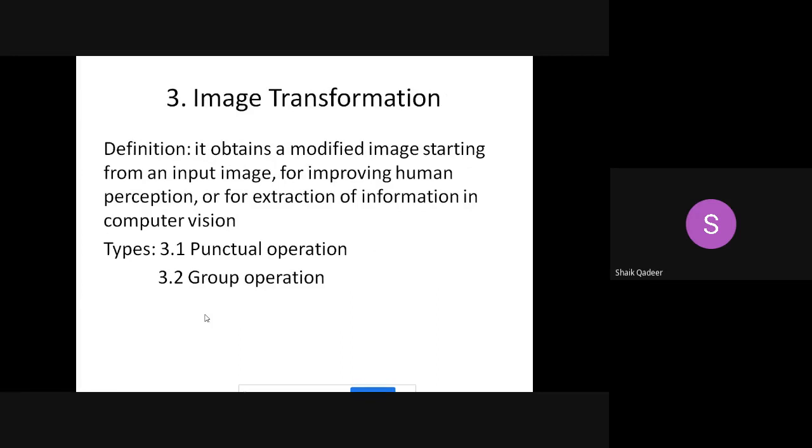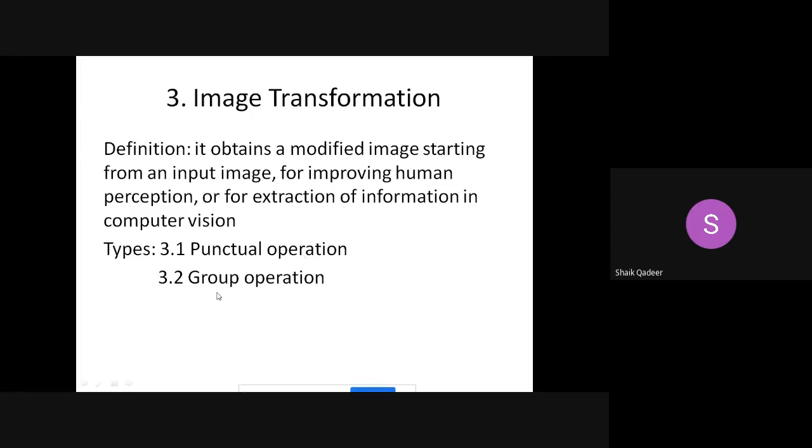Image transformation, as I told you, has 2 objectives: to improve human perception, or to extract the information needed for computer vision. Under this we perform 2 types of operation: punctual operation and group operation. Under punctual operation we see 3 different functions.